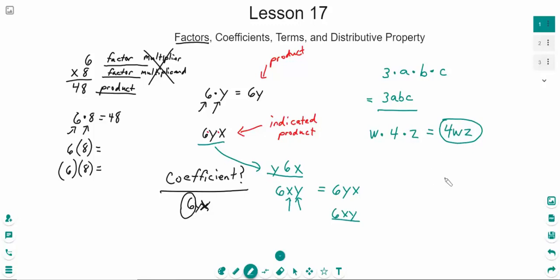All right. Let's move on. Let's talk about terms. So when we talk about terms in algebra, we have some pretty complicated expressions that we're going to be getting into. So let's just throw one out there.